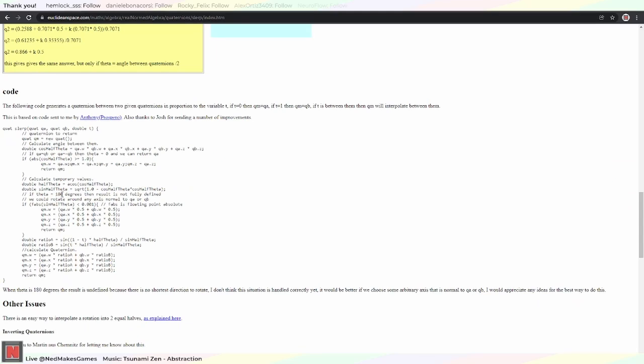Okay, so if theta is 180 degrees and the result is not fully defined, we could rotate around any axis normal to QA or QB. Okay, so what's it doing here? It's basically taking the average between them.